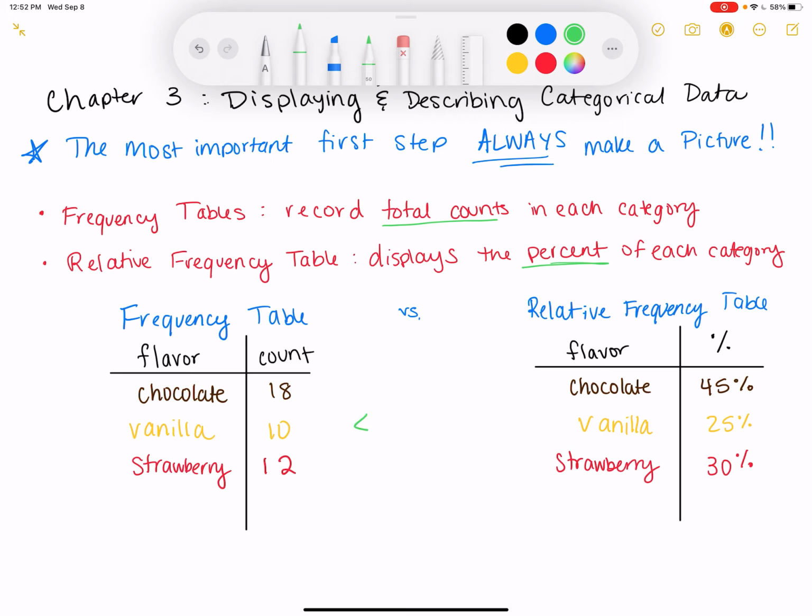So these tables have the same info in them, even if they don't look like it. And we'll keep to chocolate, vanilla, and strawberry as we go through a few more visuals for you.